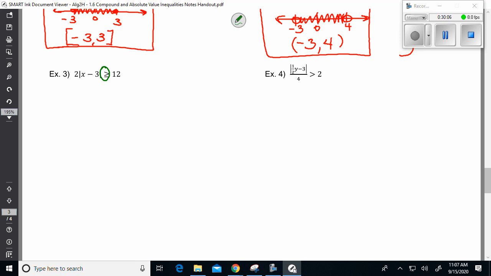We need to get rid of it before we do any conversions. So, remember from yesterday, absolute values do not follow the distributive property. So we are not making it 2x minus 6. No, we're not doing that. Divide by 2.